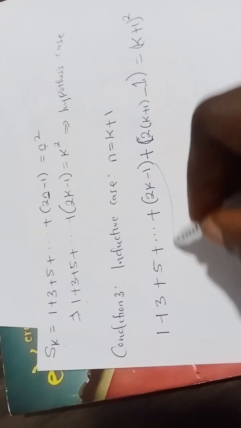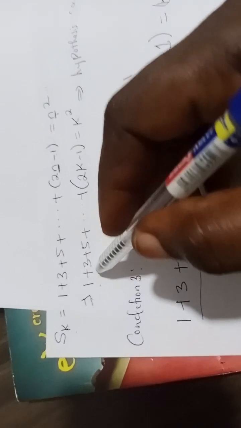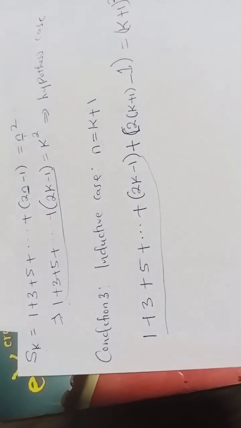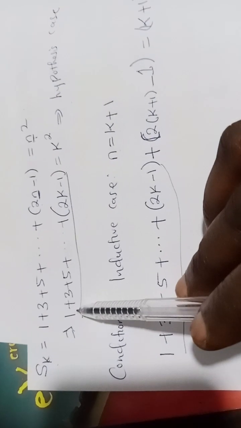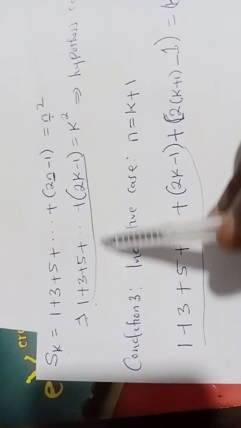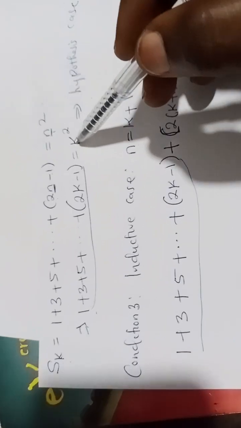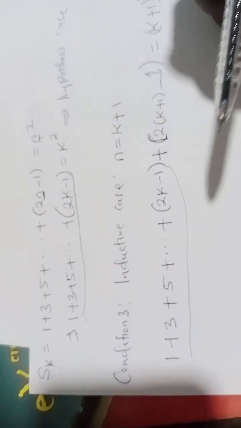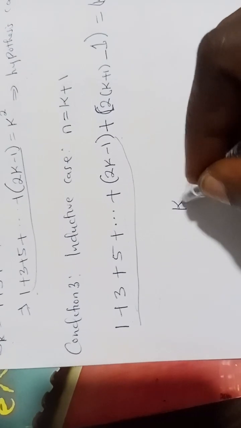Now if you compare this part here to what we have here, you see that they are the same, right? So from our hypothesis case, we said that this expression should be summarized as equal to k squared. So instead of writing these terms back, it means this thing is equal to k squared.